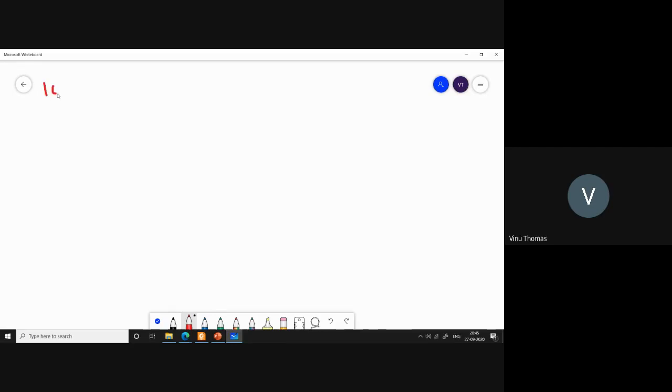So 1, 0, 1, 0 divided by 2 is equal to 101, right? This is an even number. 1010 divided by 2 is equal to 101. 1010 is the number 10 and 101 is the number 5. So this is a process of shifting.